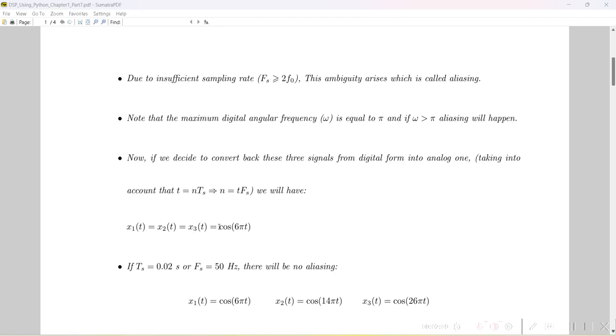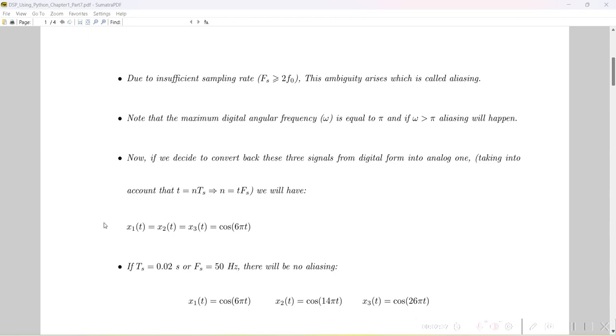All of them are equal to cosine of 6 times pi times t, which is 3 hertz. It means we have lost the information for cases 2 and 3. That's it. But the first one is a healthy processing.